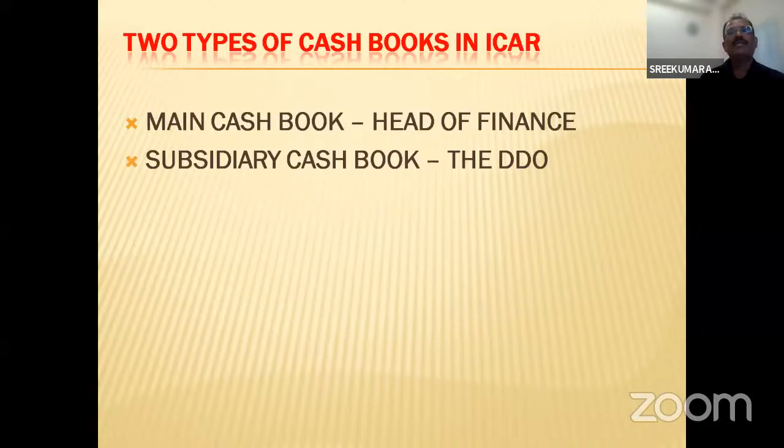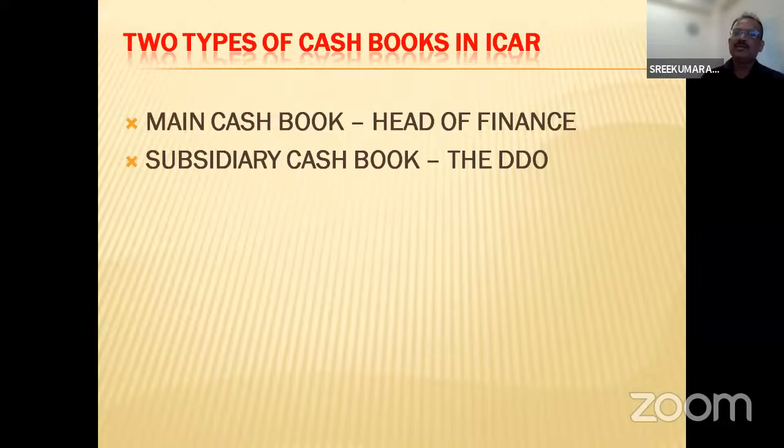Now, as I've already mentioned, two types of cash books are there in an institute. One is the main cash book and the next is the subsidiary cash book. The main cash book is maintained by the accounts officer, and the subsidiary cash book is maintained by the DDO, drawing and disbursing officer.